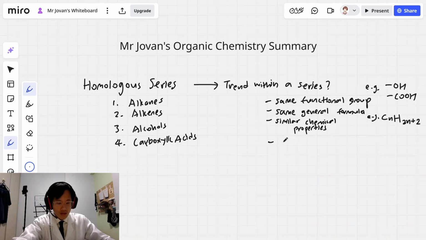And finally, I keep emphasizing within each own homologous series. Don't mix them up. For example, this applies only within alcohols, or within alkenes. Another trend that we can see in each homologous series is a gradual trend in physical properties.